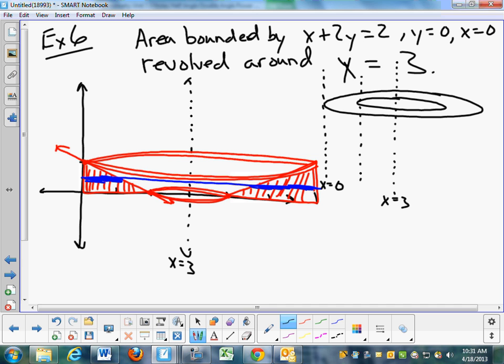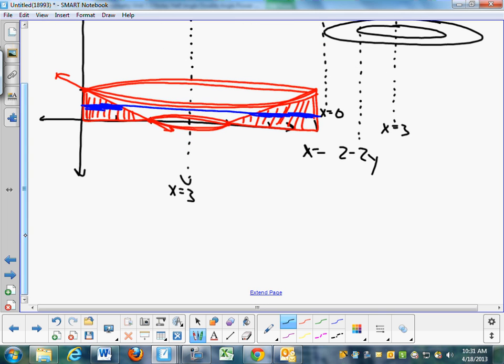I got to solve for which variable? X, so I get X is 2 minus 2y. Because they all have to be solved for X. Because we're going to differentiate with respect to y.